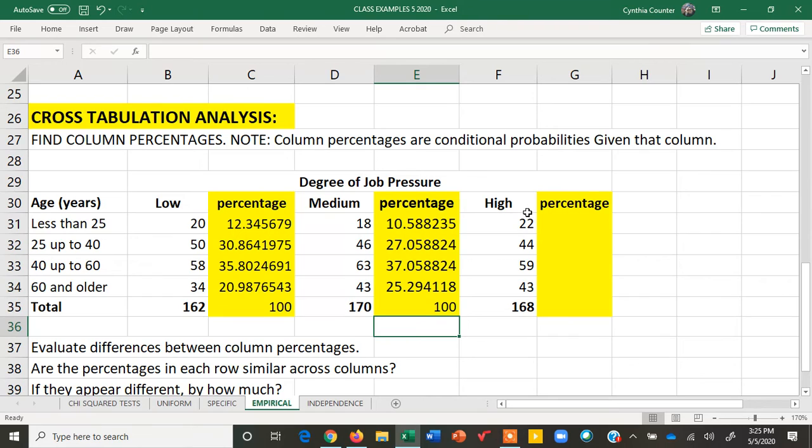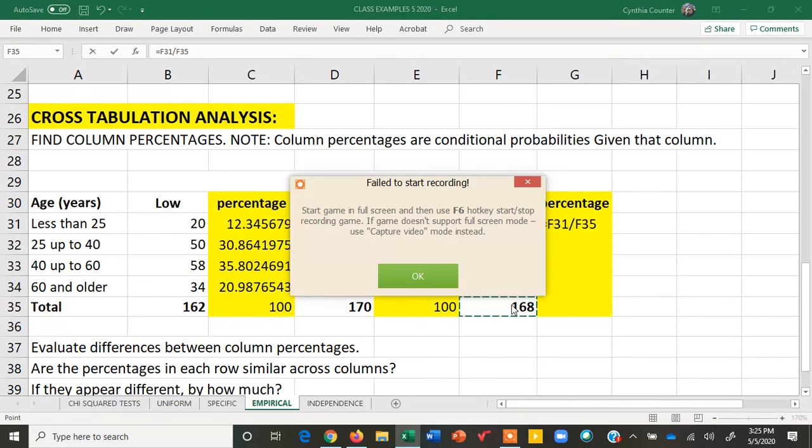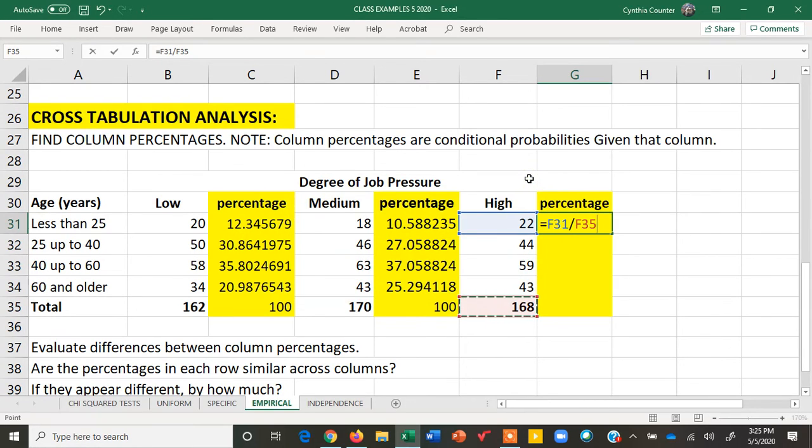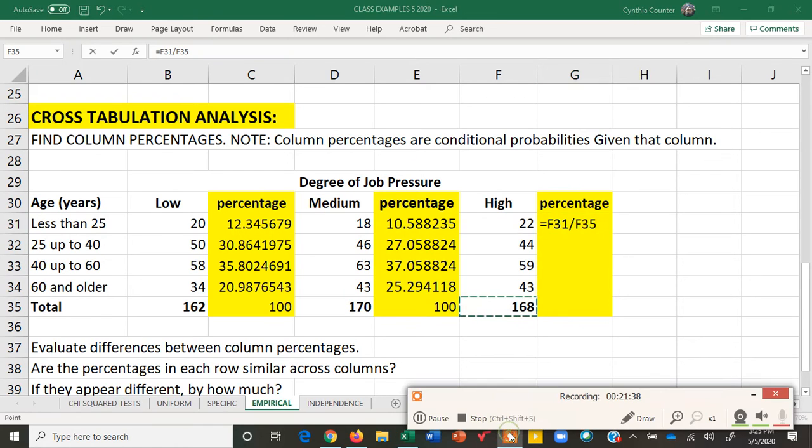Now for the high degree of job pressure, the column percentages, we have our 22 divided by the 168 column total. Fix it with the dollar signs. Yes, I was trying to hit F4.